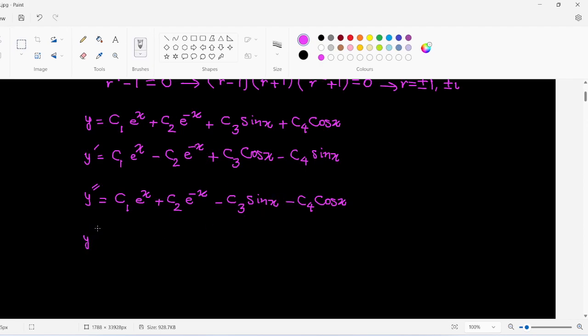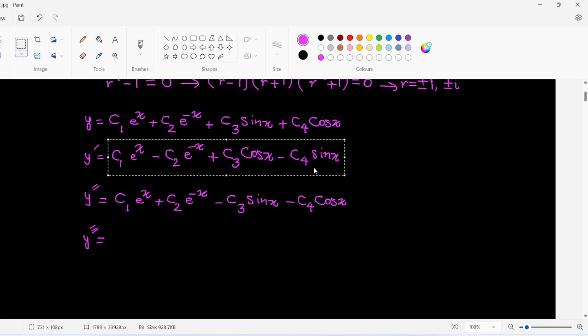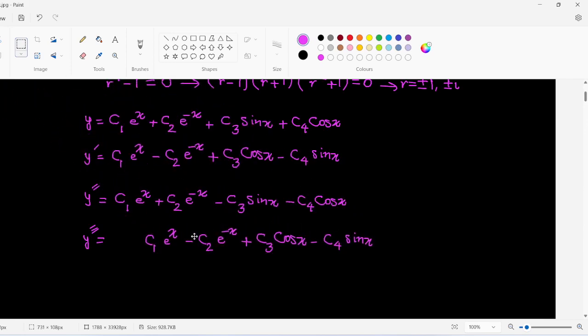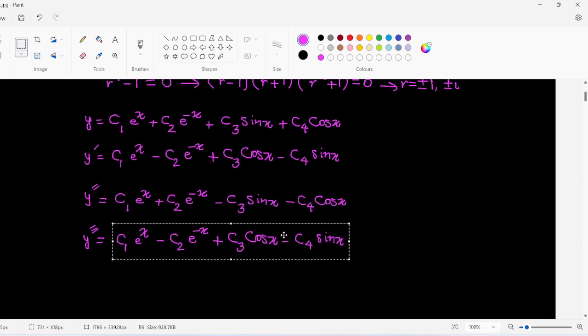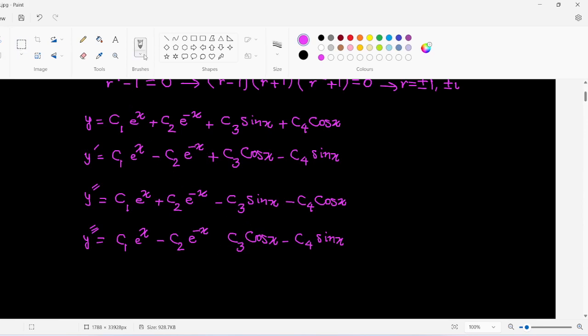And the third derivative will be close and very similar to the first derivative. So I'm going to copy that, and we get c1 e to the x minus c2 e to the negative x minus c3 cosine of x plus c4 sine of x.